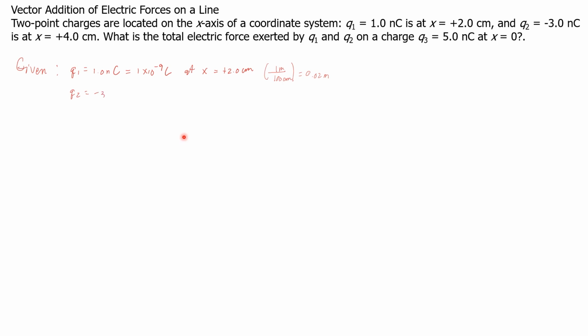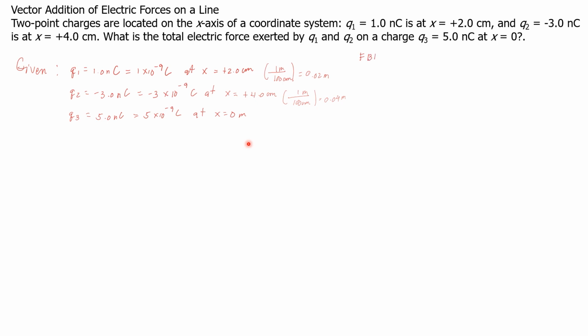Charge 2 is equal to negative 3 nanocoulomb, and that is equal to negative 3 times 10 to the negative 9 coulomb located at x equal to positive 4 centimeter. And this is equivalent to 0.04 meters. Our charge 3 is 5 nanocoulomb, and this is equivalent to 5 times 10 to the negative 9 coulomb.